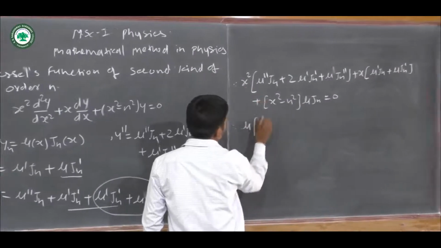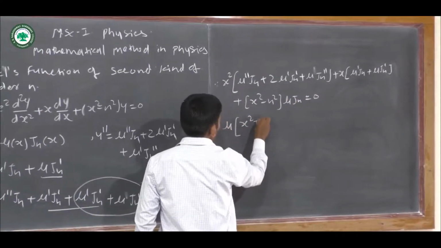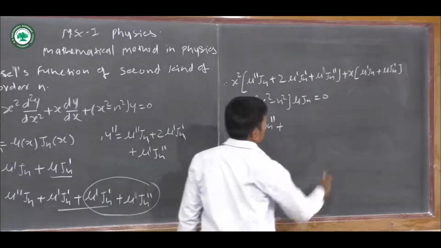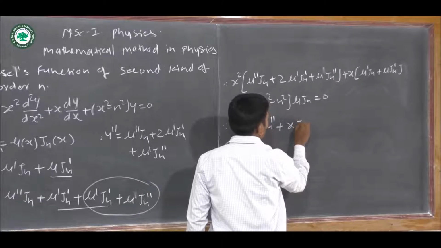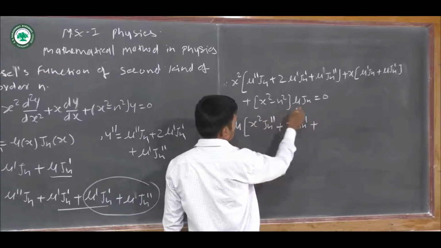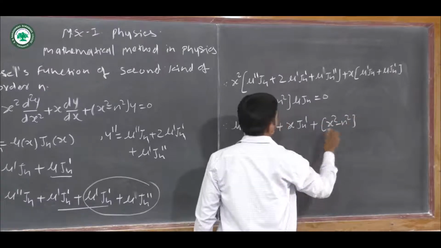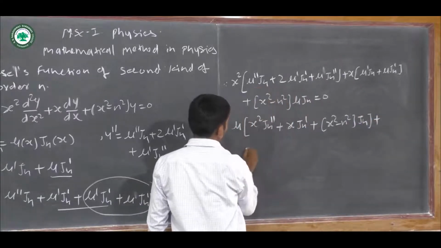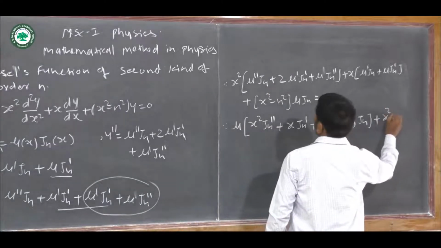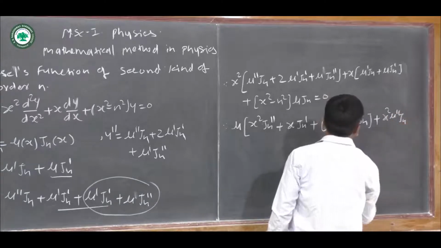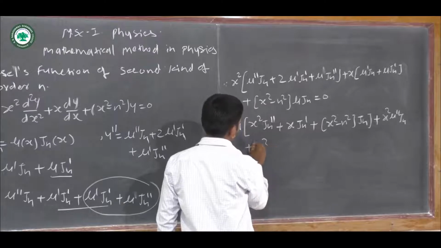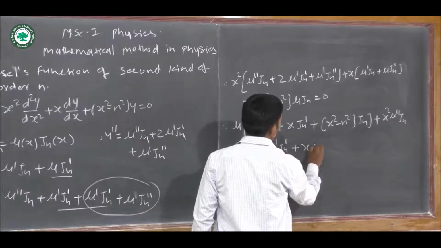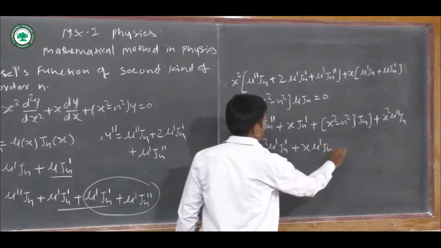So x square Jn double prime, taking out u as common from the first terms, plus the next term, x Jn prime, and from the third term as it is, (x square minus n square) into Jn, plus all the remaining terms: x square u prime Jn prime plus x u prime Jn, equal to 0.